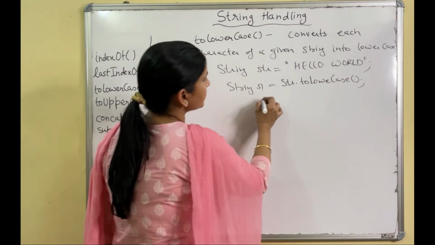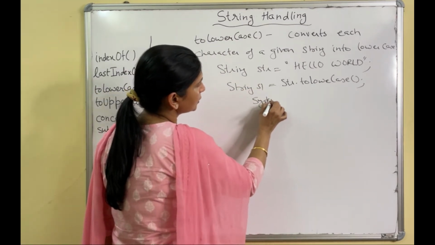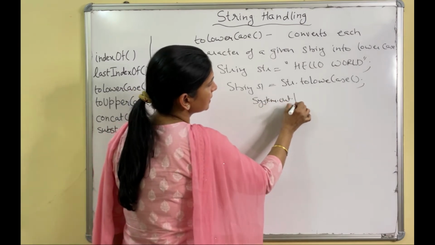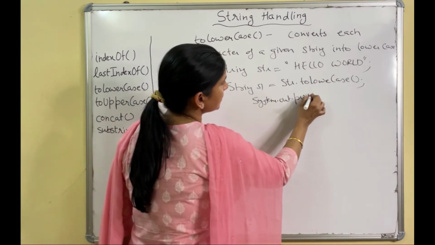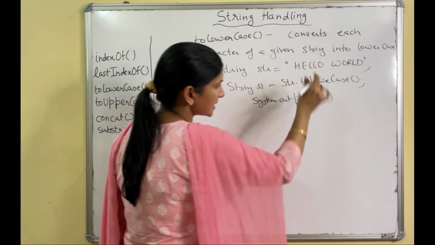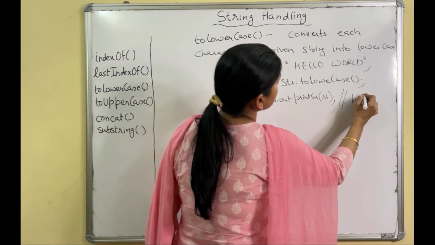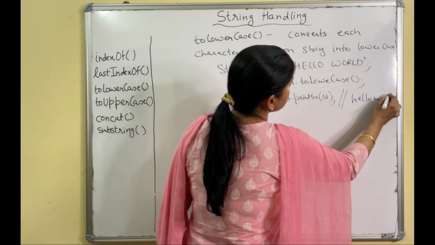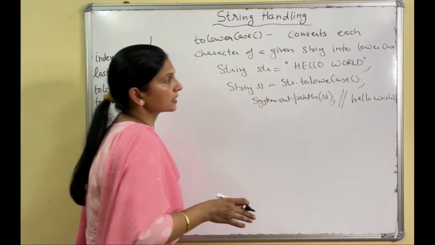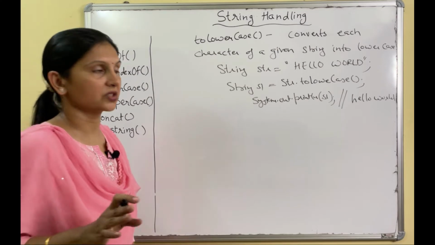So if I display system.out.println s1, what should be returned? The same string in lowercase, hello world with space. And if any special character is there, it will remain unchanged.